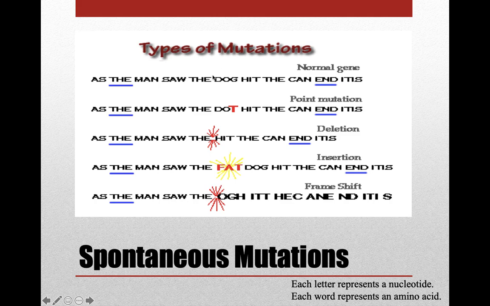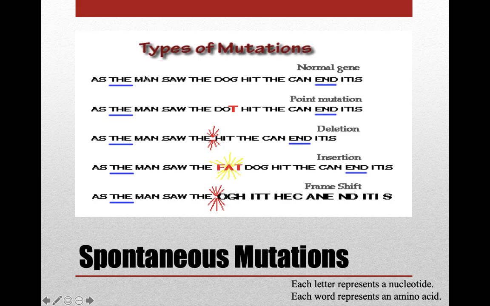So if there's an error inside of the codon, the protein that is produced using that codon can be incorrect. So in this representation, in word form, each single letter represents an individual DNA nucleotide. Each individual 3-letter word here represents an amino acid that's being produced, or the codon itself.